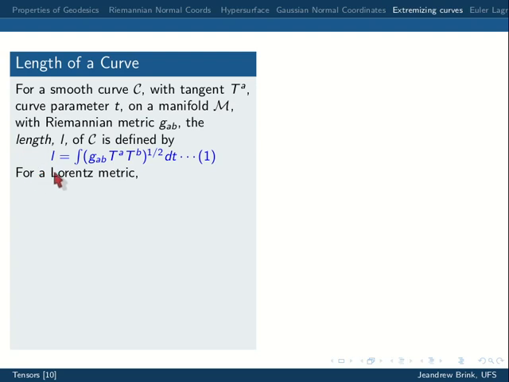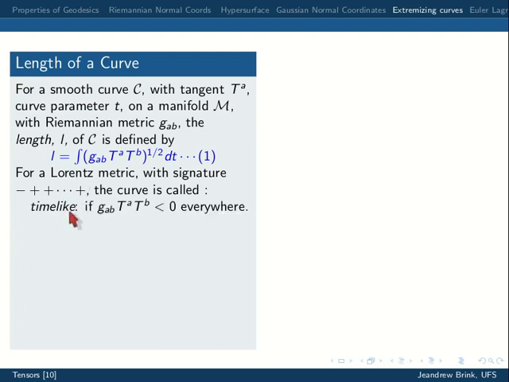If you have a Lorentzian metric, which is what we get in GR, where one of the metric components, if you diagonalize it, is negative, then you have, for example, a signature of minus plus plus, or minus minus plus plus, or something. Then you have 3 possibilities. The curve is called time-like if g_AB T^A T^B is less than 0 everywhere.